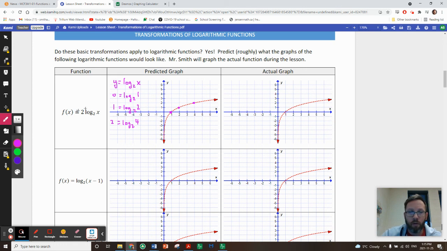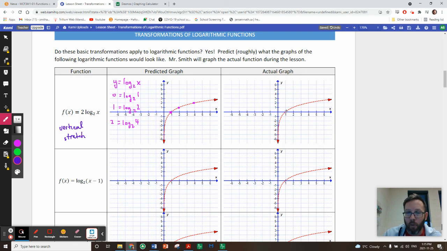All right, so I'll assume you've given it a try, and let's give these guys a plot. So 2 log base 2 of x. We know this is a vertical stretch. All those points on my basic log function are going to get stretched by a factor of 2.